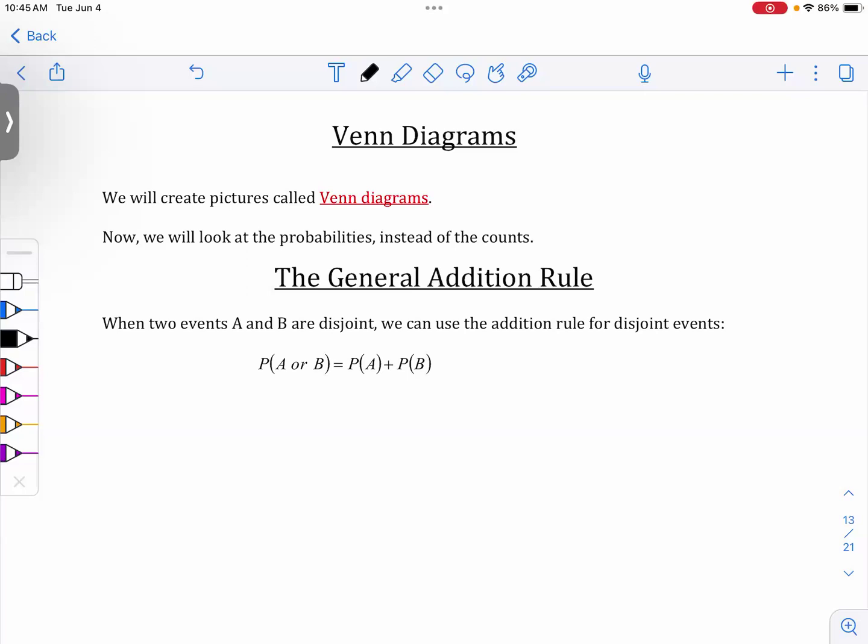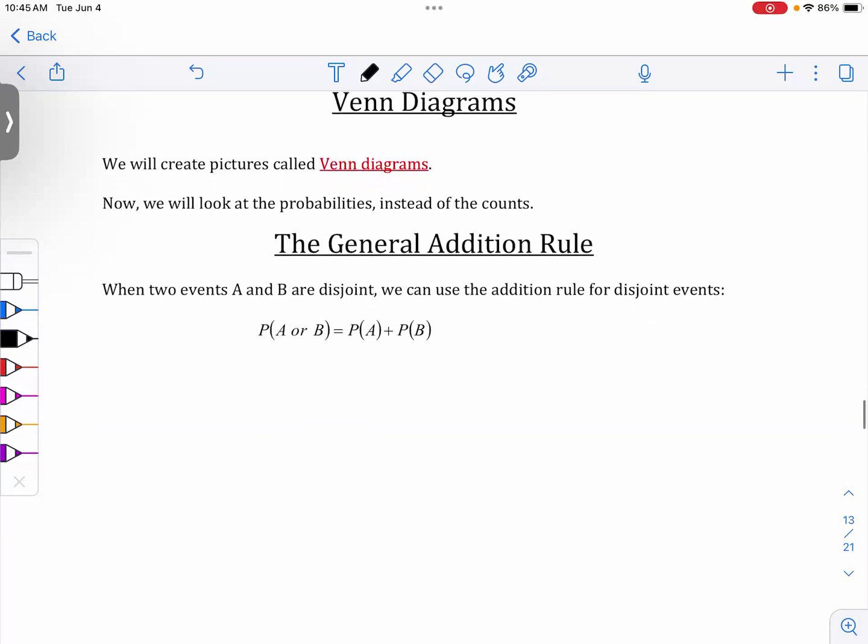All right. So probability is a concept in statistics, and everything in statistics is all about pictures. Pictures are worth 1,000 words, right? They help us describe what is happening. And so the Venn diagram is a massively helpful picture that we like to create.